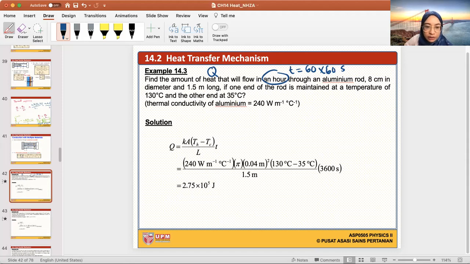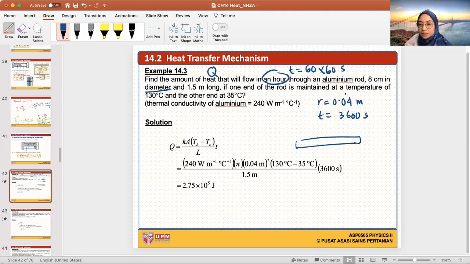Okay, so always when we have diameter, convert to radius. So the R is 4 centimeter, which is 0.04 meter. Time is 60 times 60, which is 3,600. Good, 3,600 seconds.